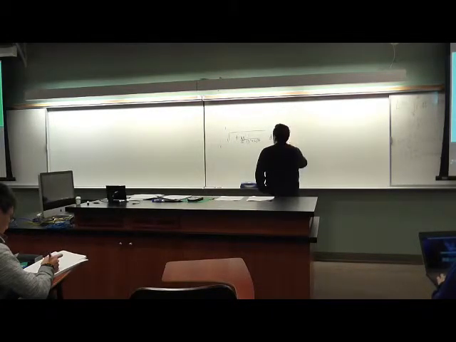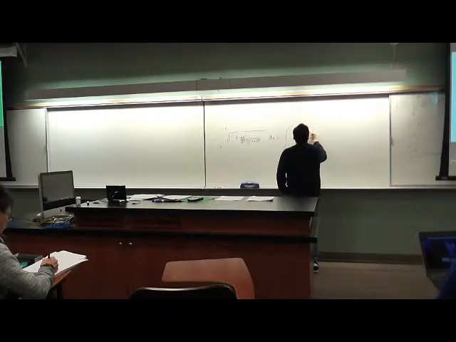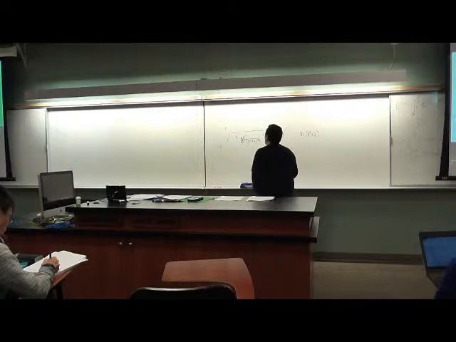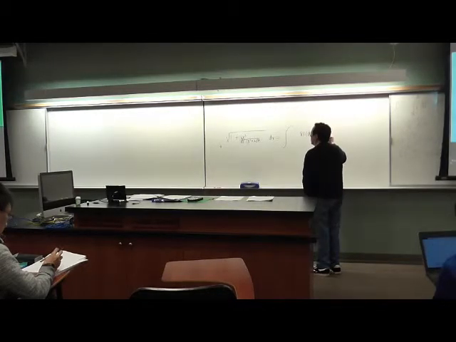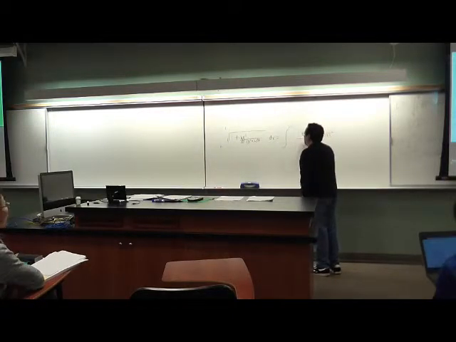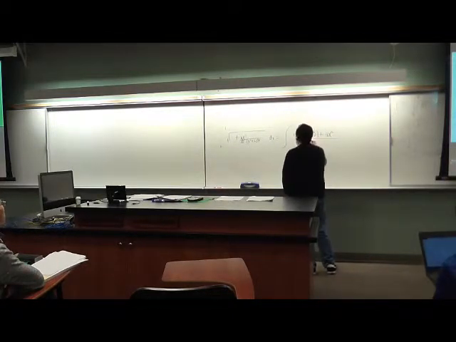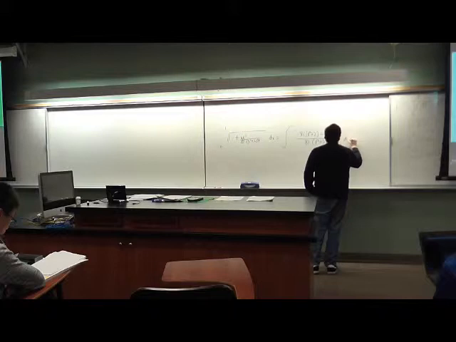So 81 times (x squared plus 2), oh, did I square this? Yeah, I did. Plus 2 plus 16x squared, all over 81 times (x squared plus 2) to the 2/3 dx.